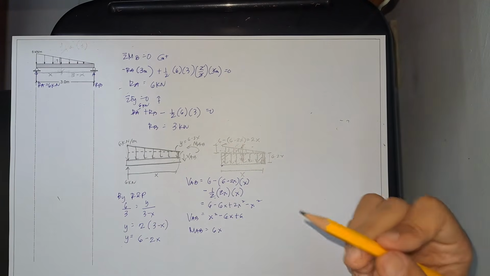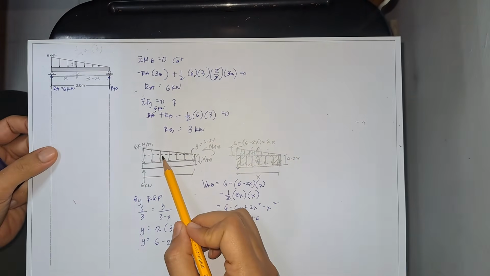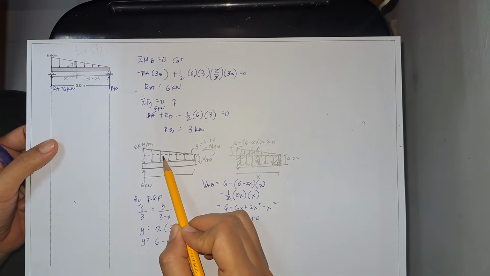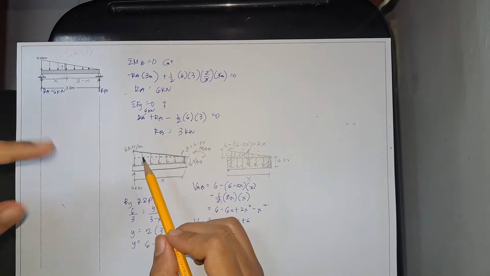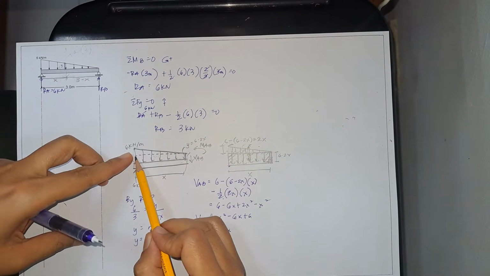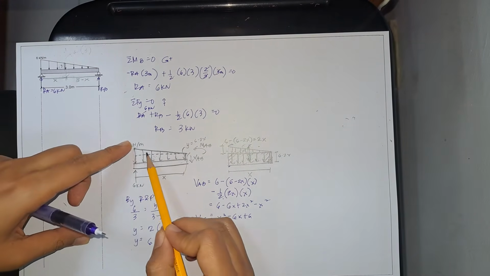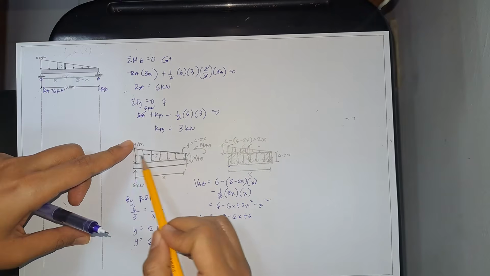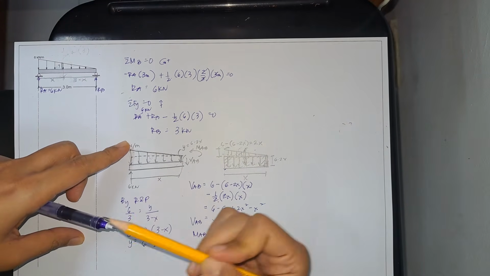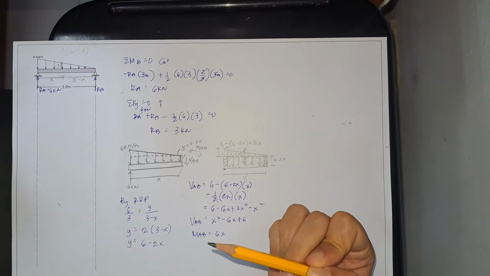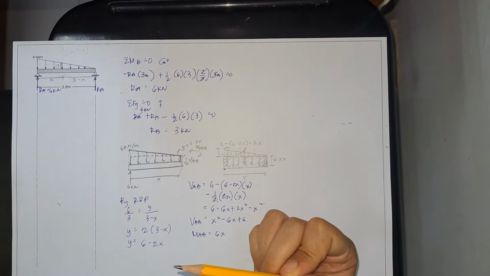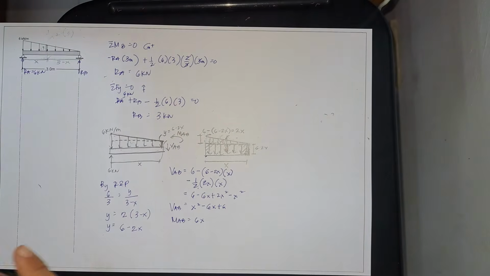Pero, ako kasi hindi ako masyadong familiar dun sa location ng centroid if meron po tayong trapezoid. Kaya ang ginagawa ko is hinahati ko siya into two shape kasi alam ko yung centroid ng rectangle and at the same time, I know the centroid of the triangle. Bakit kailangan natin yung centroid? Kasi yun po yung reference natin for the moment arm. Okay? Sige.